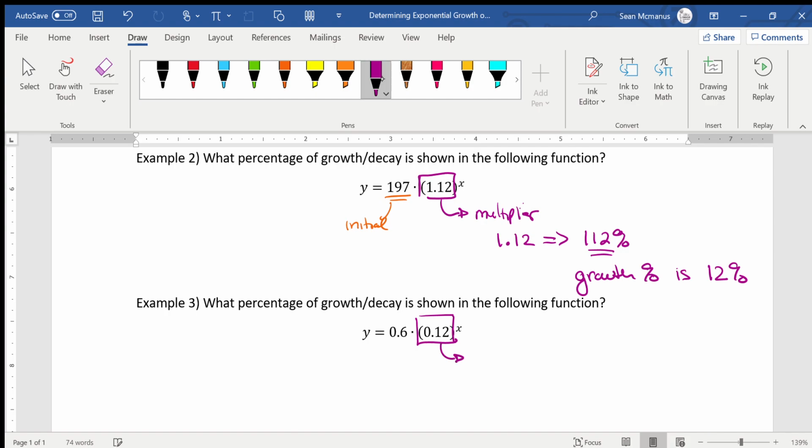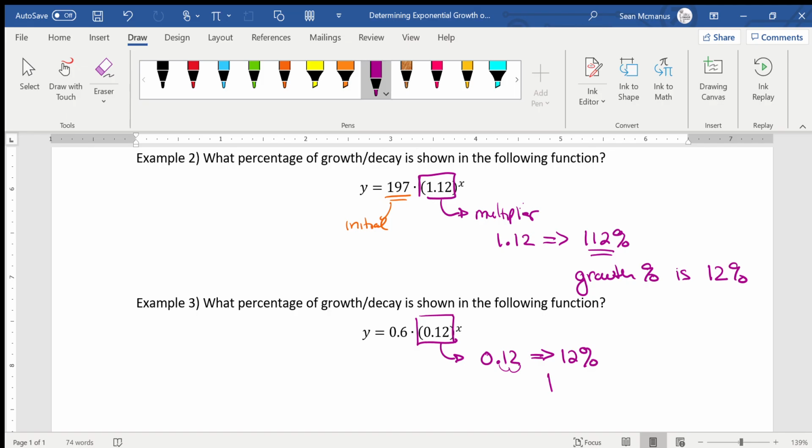I'm going to look at the multiplier. Actually, let's do it this way. First, let's just think of 0.12. That's 12%. Move the decimal to the right twice and I get 12%.